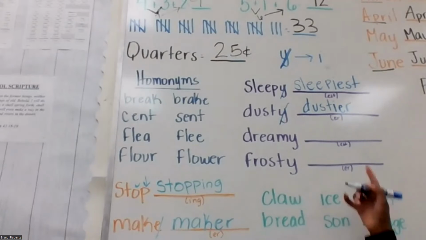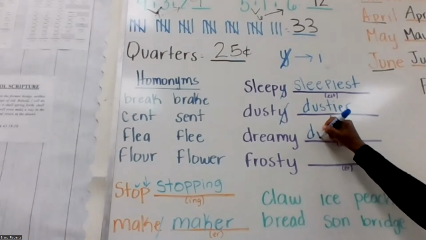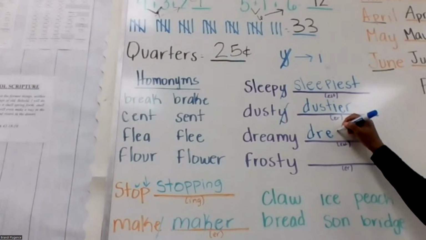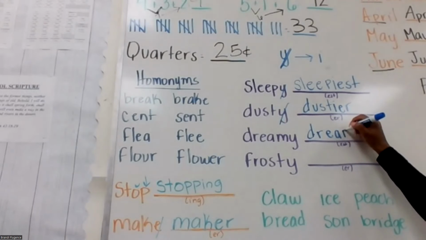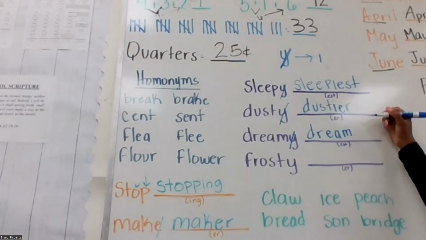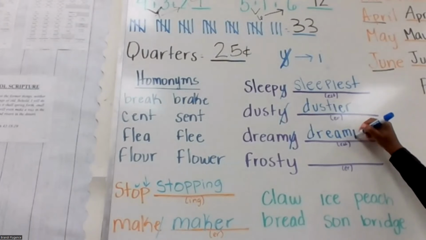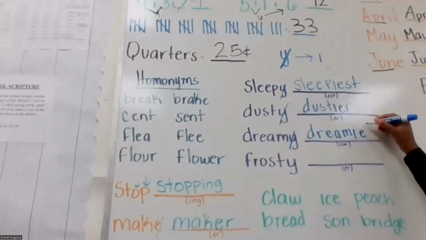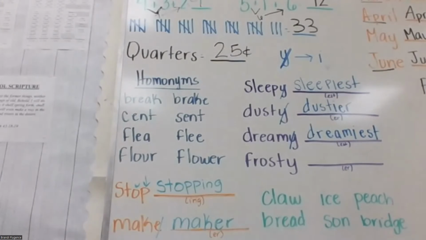Dreamy. Let's turn dreamy into dreamiest. How would I write that? D-R-E-A-M, take away the Y, and I-E-S-T. Good. Dreamiest. I took away the Y, added an I. And then frosty. Let's turn it into frostier. How would I change it into frostier?